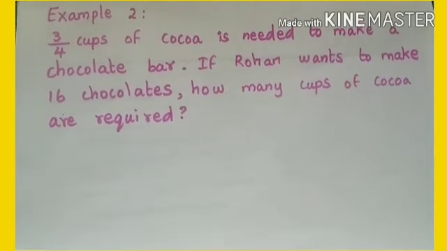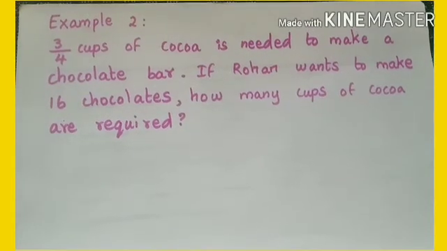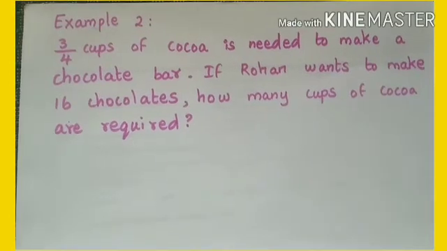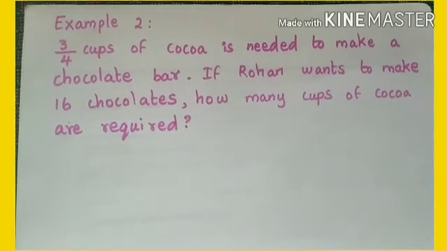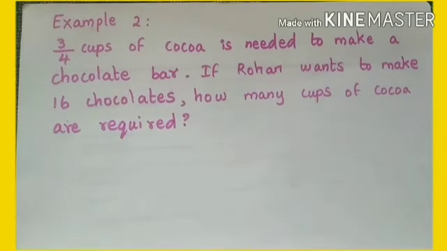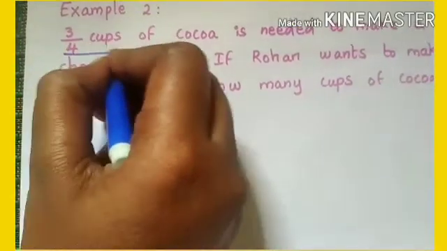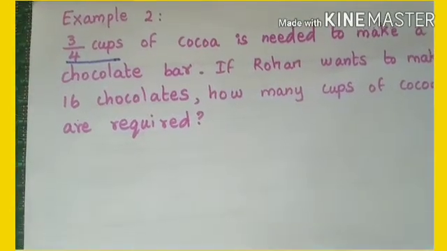Let's read one more time for better understanding. How many cups of cocoa needed to make one chocolate? Yes, 3 by 4 cups of cocoa needed to make one chocolate.